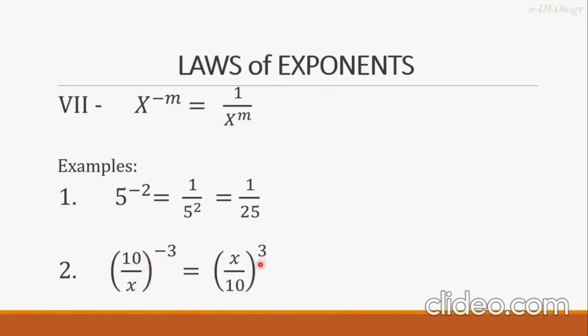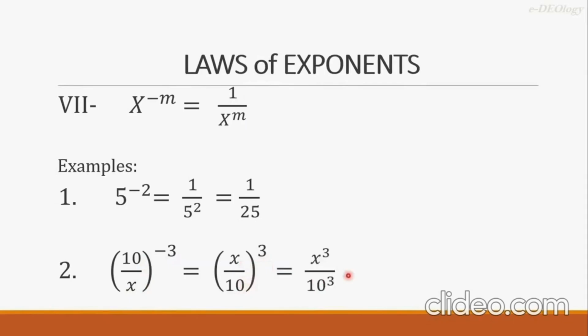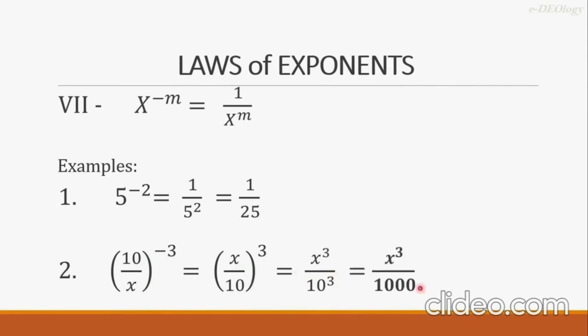It becomes positive. And then we can now apply the distribution of this power to the terms inside. So it becomes x cubed over 10 cubed. We can still simplify the 10 cubed. And the final answer is x cubed over 1000.